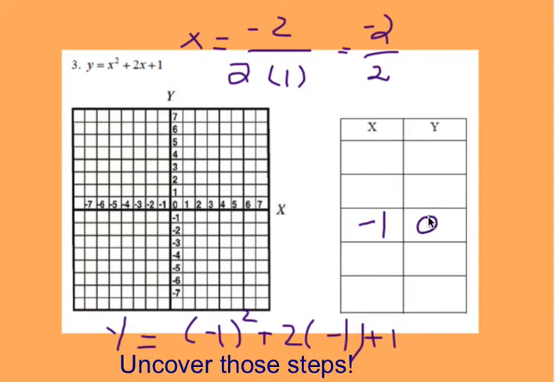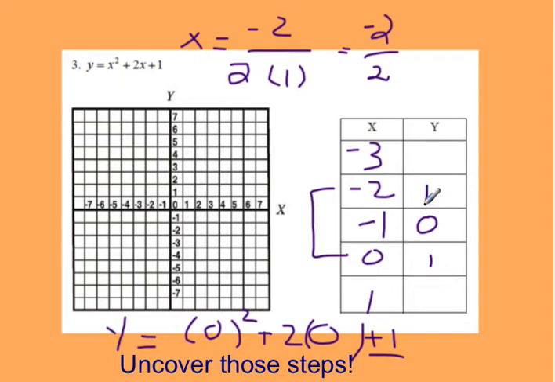So now we want to go up going this way, so I get 0, 1, and go down going this way. Again, if you flip-flop it, that's okay, but for me, this is just easiest to remember. So now I'm going to take that negative 1 out, and instead of doing negative 1, I'm going to plug in 0. Whenever you plug in 0, it's just going to end up being your constant. So that's going to be 1, but also remember that negative 2 is also going to be 1.